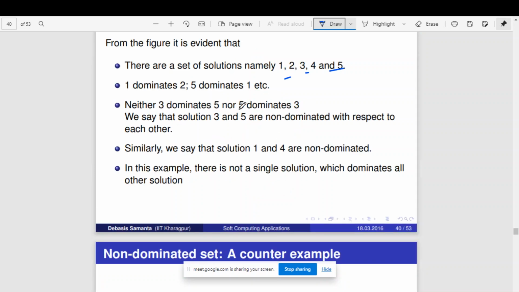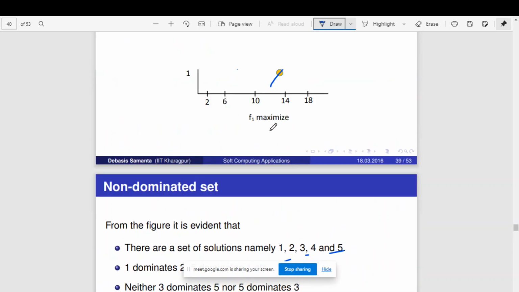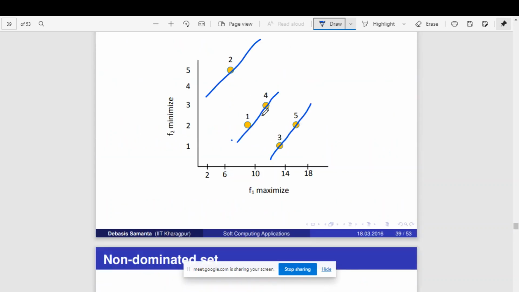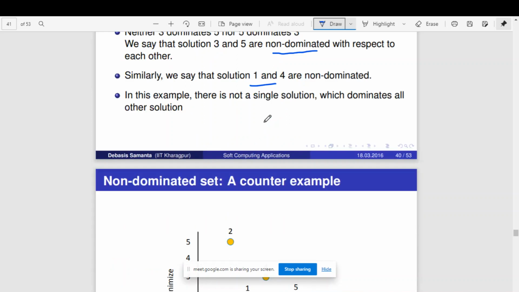Neither 3 dominates 5 nor 5 dominates 3, so they are called non-dominated solutions. Similarly, 1 and 4 are not dominating each other, so they are also called non-dominating solutions.